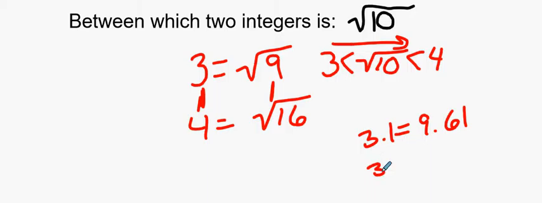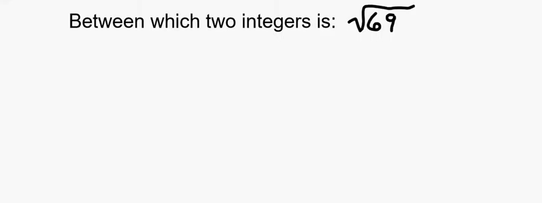And 3.2, again, no good because 10.24 is too high. So those numbers times themselves are not quite it. You could go on and on trying to find the exact number, but the book, thankfully, will just let us say between which two numbers. So it's good to remember what the expression square root is asking for. We're asking for a number times itself. That'll come in handy later. Let's just hold on to that.